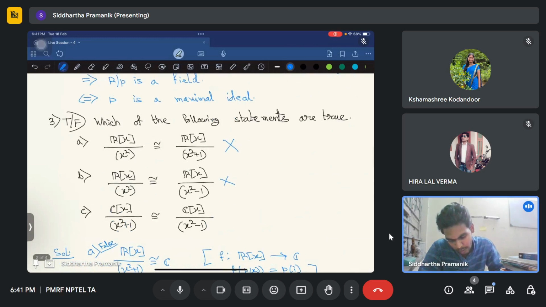So now, if you have understood this well, you should do the third one. Is this isomorphic or not?